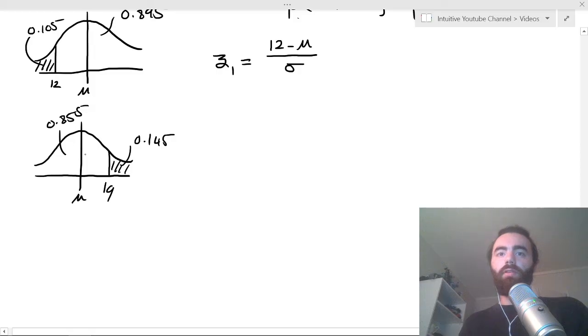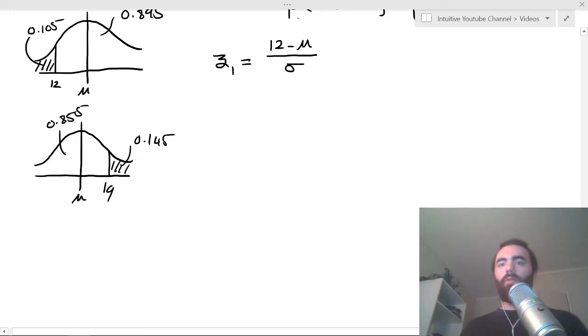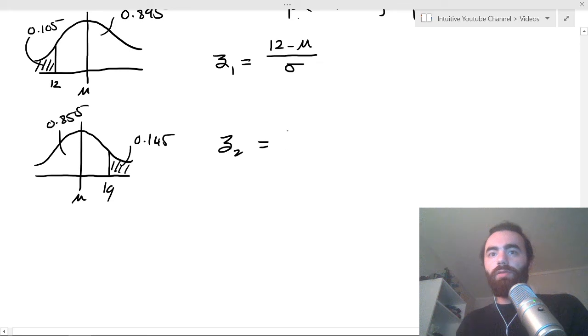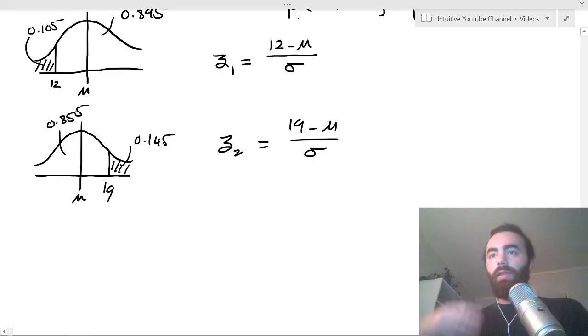And the reason I find this area is because z-values always correspond to these left areas or probabilities. So we can say our z2 equals 19 minus mu over the standard deviation. So if we find z1 and z2, we get two equations relating two unknowns, which means we can find both of those unknowns.